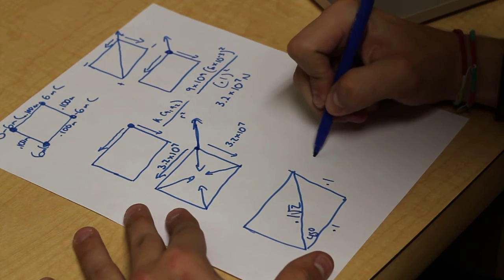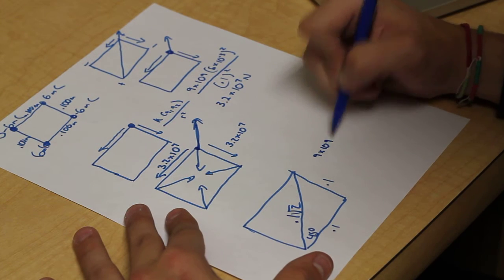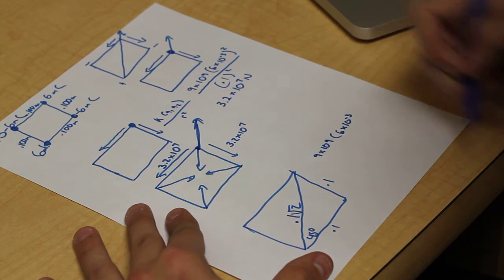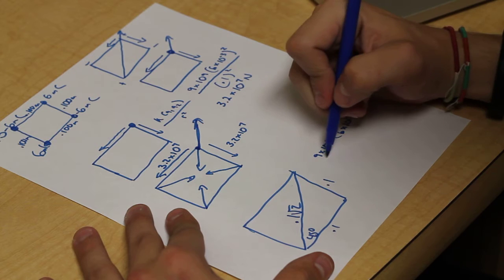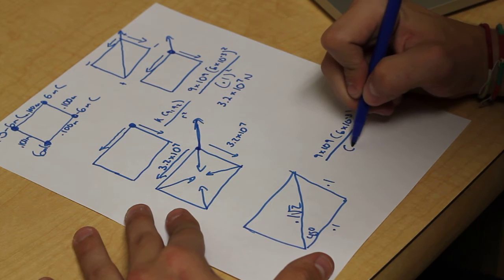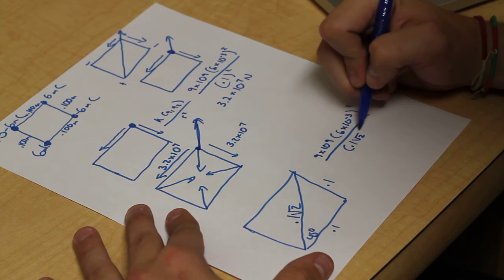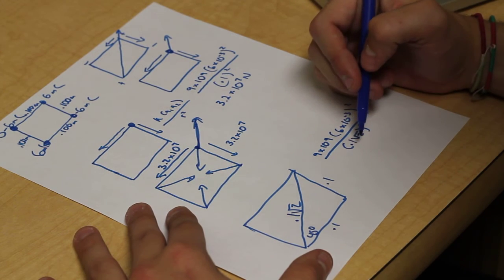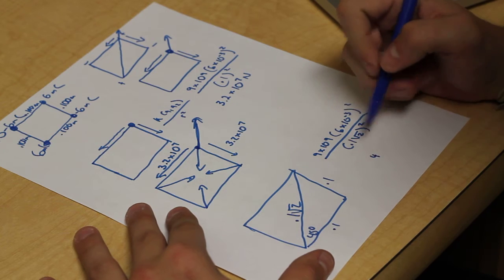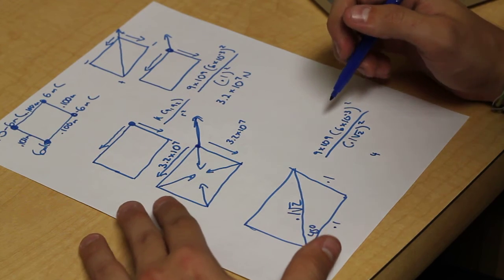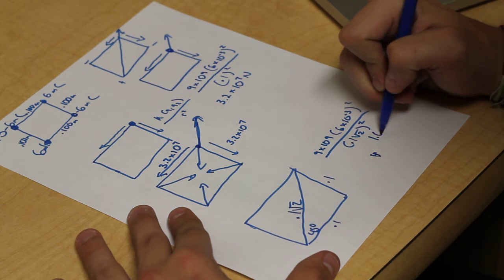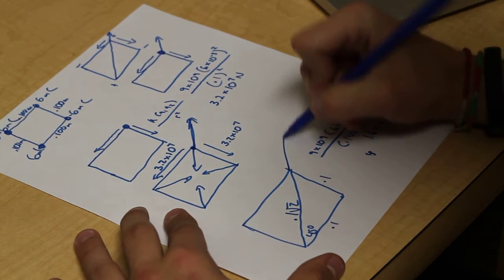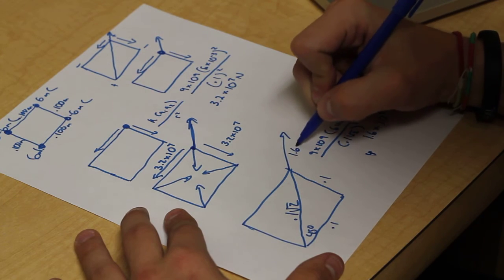So let me just set that up. 9 times 10 to the 9th times 6 times 10 to the -3 squared all over 0.1 root 2 squared. Do all the math for this, and you get 1.6 times 10 to the 7th. Vector resulting that way.